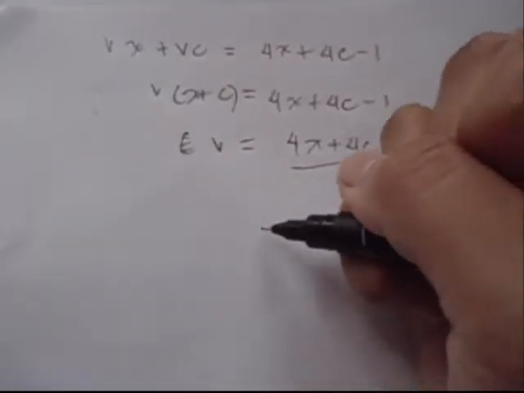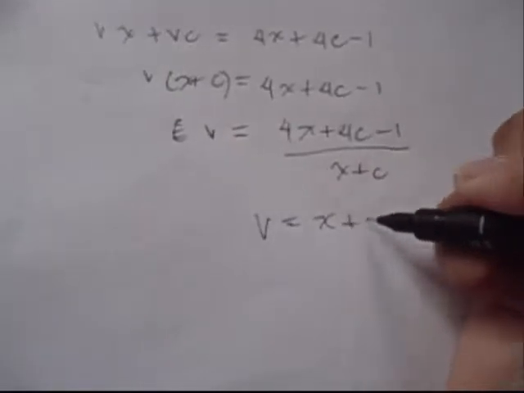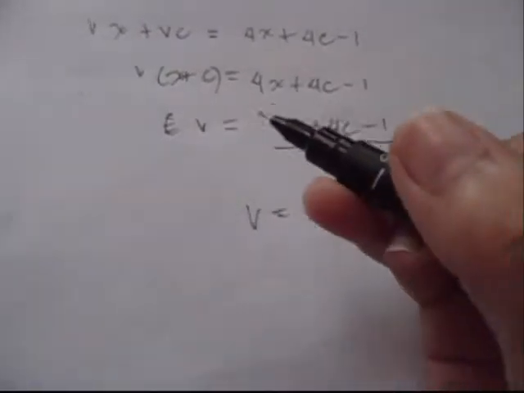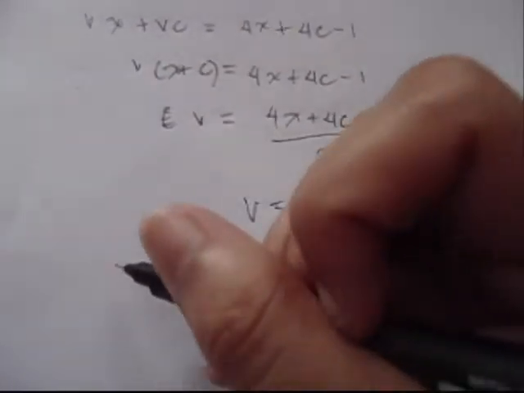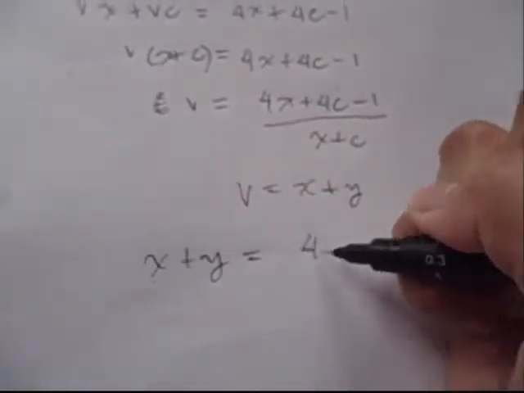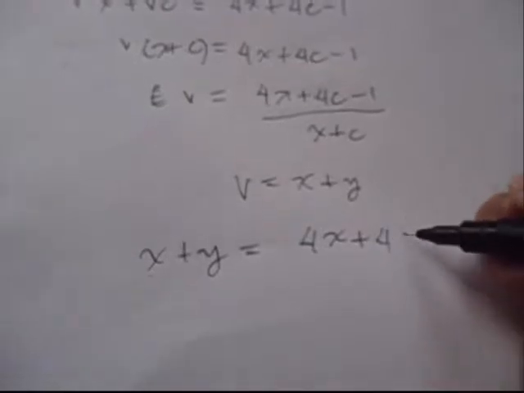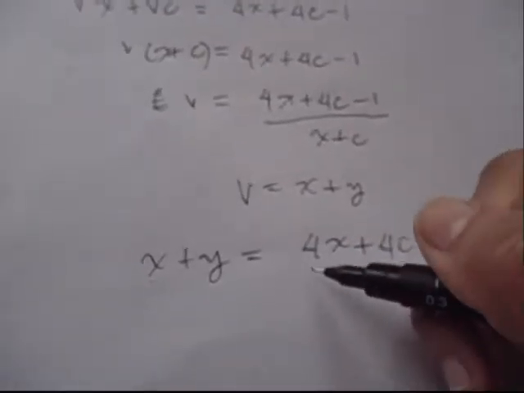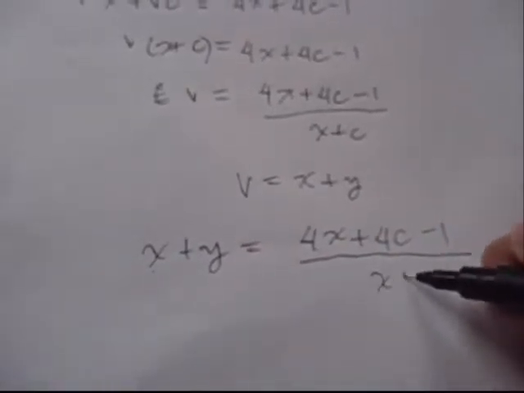Now that we have the value of v, we can substitute back x plus y. If you recall, a while ago we had v equals x plus y, so we can substitute it in this equation. So we have x plus y is equal to (4x plus 4c minus 1) over (x plus c).